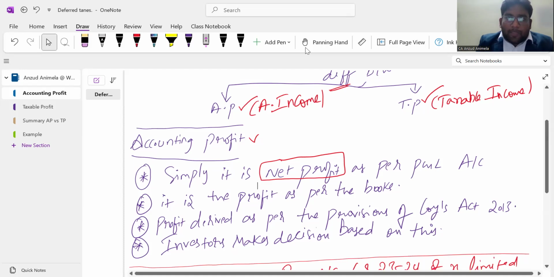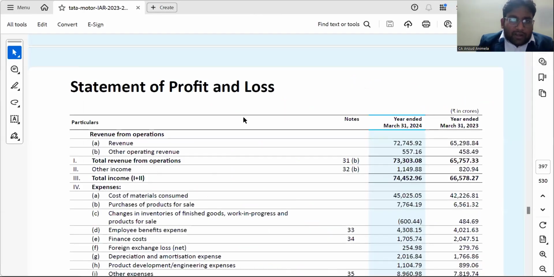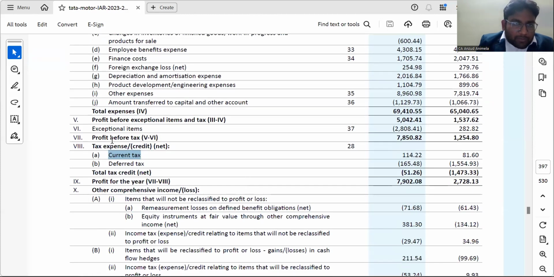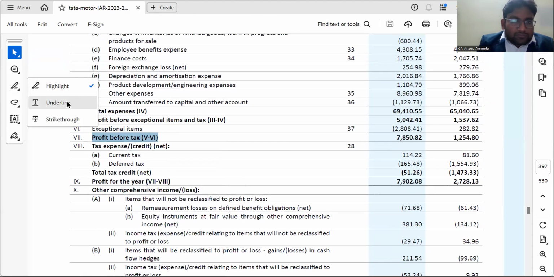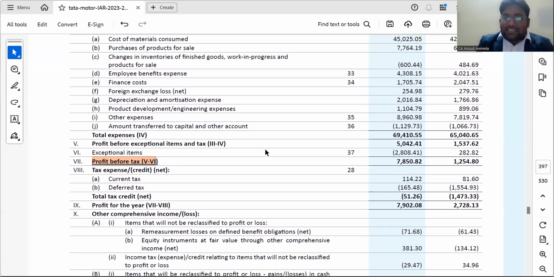So here is the statement of profit and loss account of Tata Motors for the year 23-24. This is the accounting profit. Let me color it. So accounting profit is simply what you find in the statement of profit and loss account.